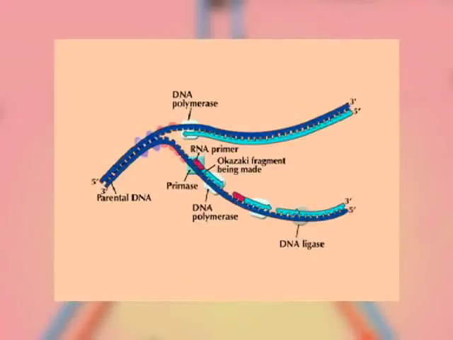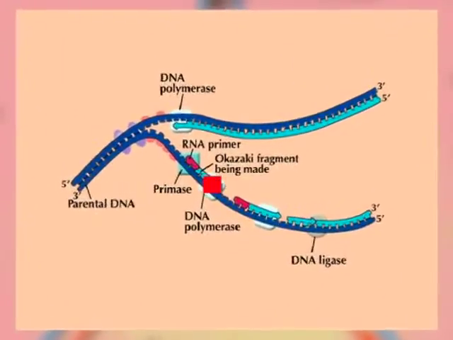DNA topoisomerases provide transient breaks in the DNA that serve as swivels for DNA unwinding and keep the DNA untangled. Single-stranded DNA binding protein coats the unwound DNA and keeps it in an extended state for DNA polymerase III.